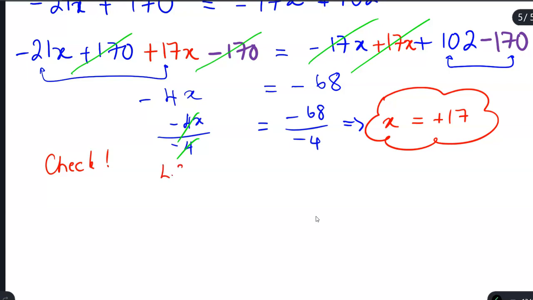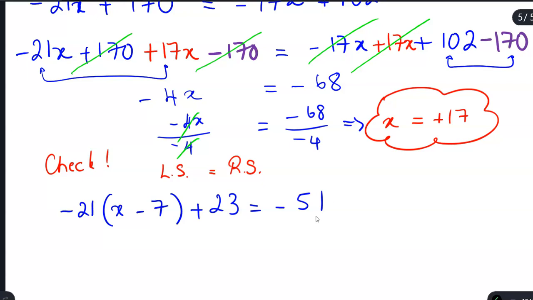We check that the left-hand side is equal to the right-hand side. Again, I will make sure that I write down the correct equation, the original equation. The original equation is negative 21 times x minus 7 plus 23 equal to negative 51 subtract 17 times x minus 9.